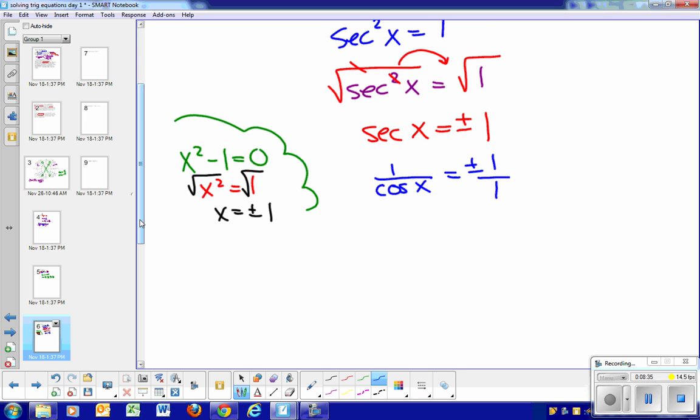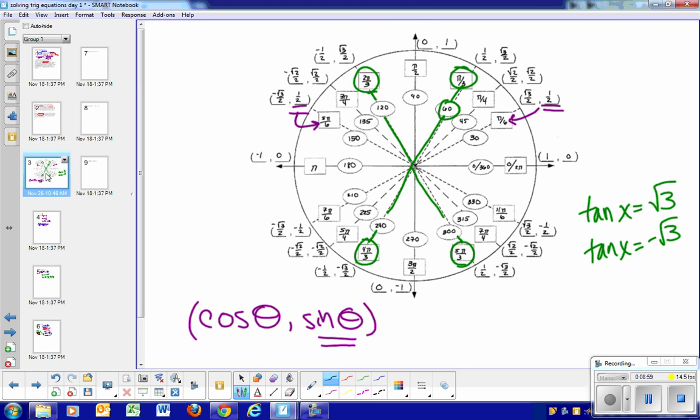And then here you could say, well, if I were to cross multiply, I'd get that the cosine of x equals plus or minus 1. Or you could think of, take the reciprocal of the left side and the reciprocal of the right side. That might even be easier to think about, to take the reciprocal of both sides. So now I'm looking for where cosine is 1 or negative 1 on this unit circle. So let's check that out.